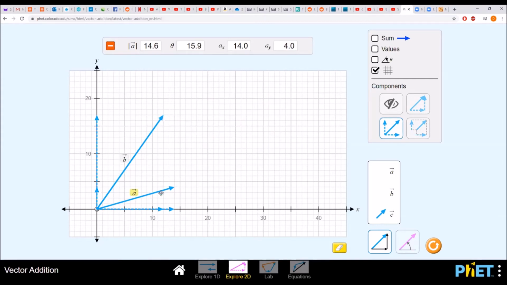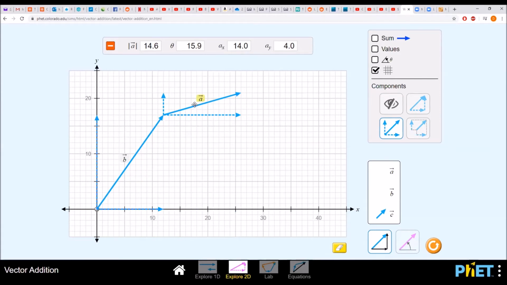I strongly recommend that you actually play with this on your own time, because it is pretty neat. You can still take your vector and plop it down so that the tail of one vector touches the tip of the other vector. And we know that, okay, we've got the sum vector like that.